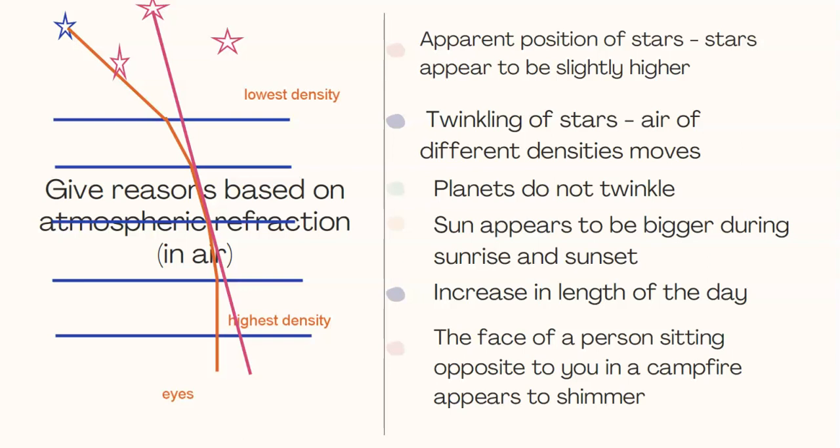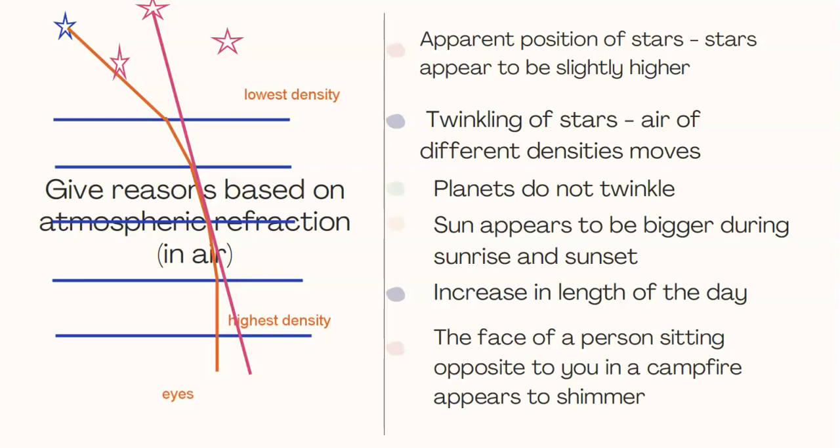Actually, the star is not twinkling. It is the air, layers of different densities, that is moving and intermingling, making the star go out of line of sight. This gives us a perception that the stars are twinkling.